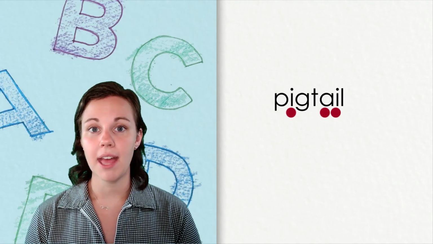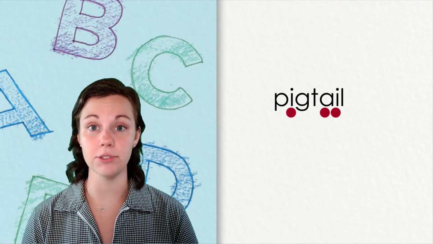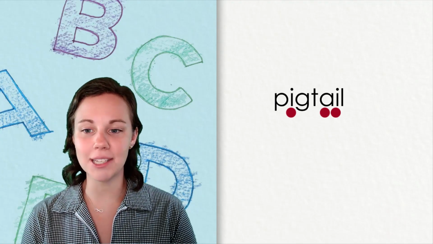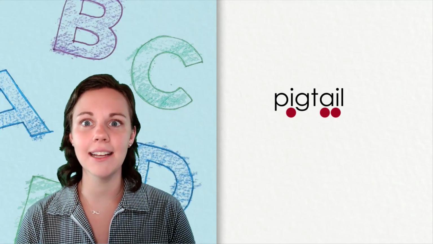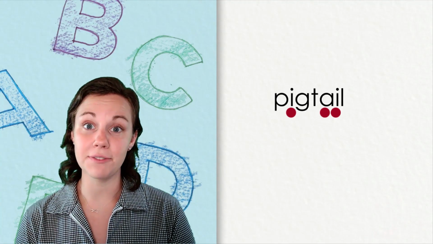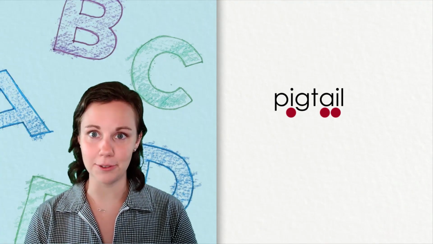I'm remembering that each syllable has only one vowel sound. And as I dig into this word, I notice that A and I are a vowel team. We learned a few cycles ago that AI makes our long A sound.